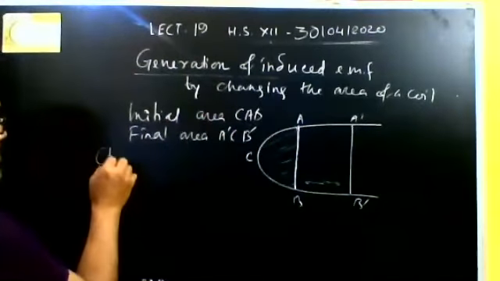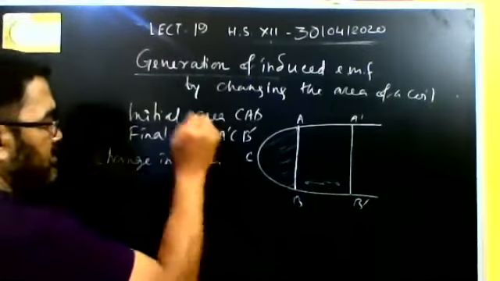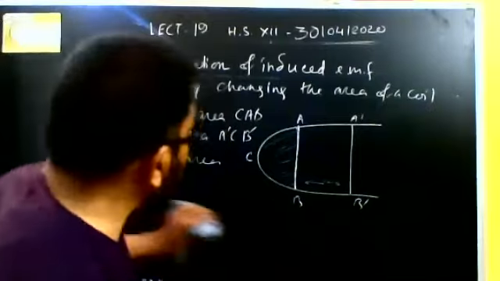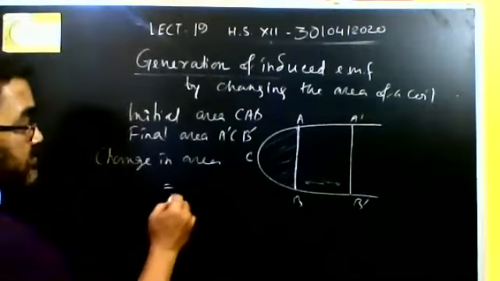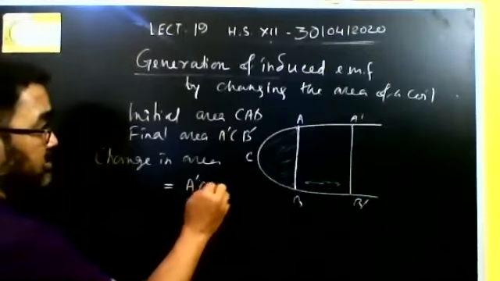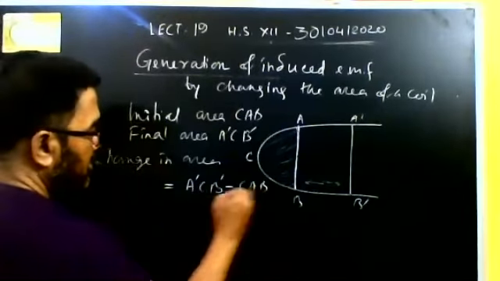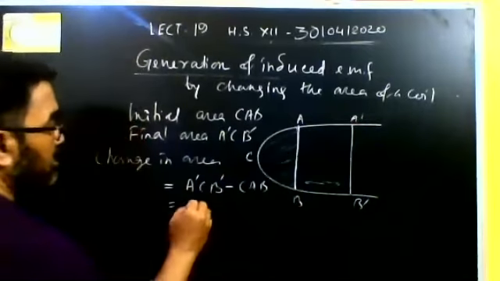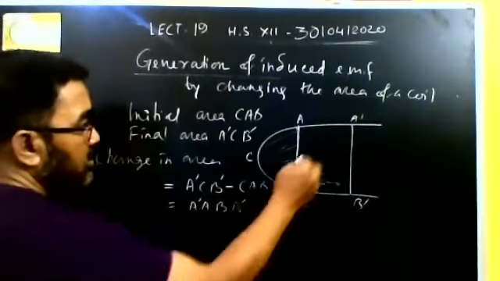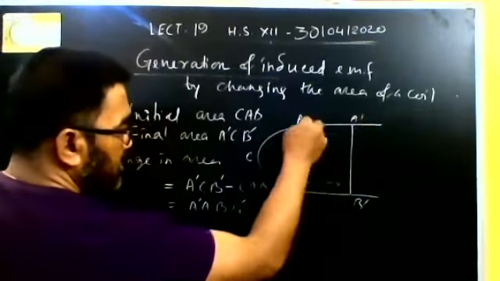So the change in area is A dash C B dash minus C A B, which is equal to this area, A dash A B B dash.